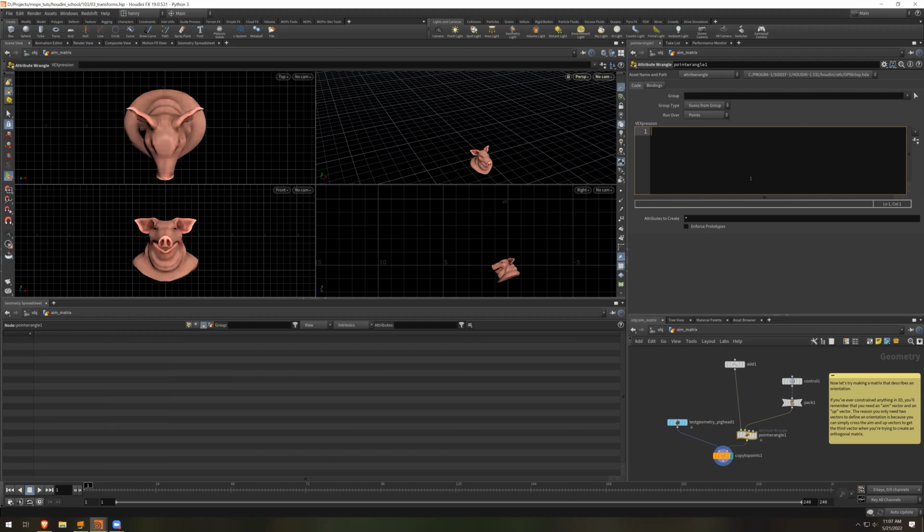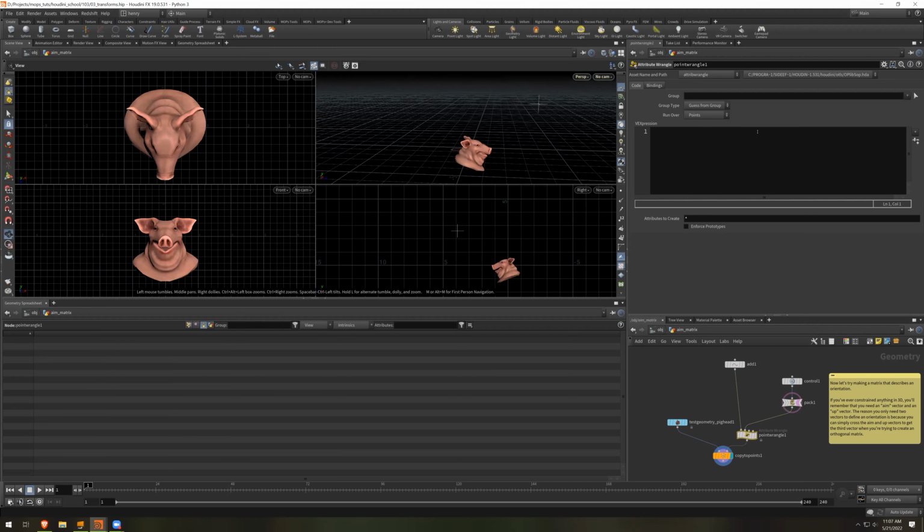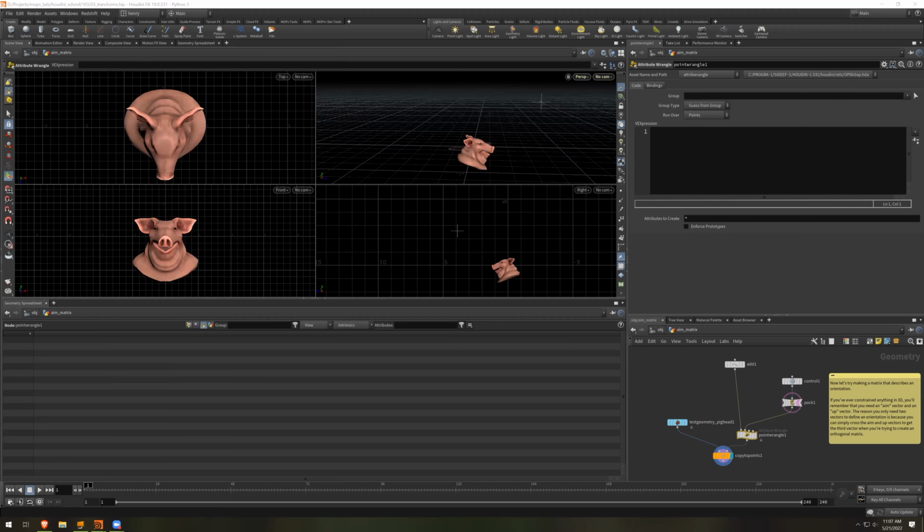But what I want to do is, and let's template this target, I want the vector that, let's do this annotation thing again, I want the vector that points from this pig head's position to this. And if you remember from a few minutes ago when we were talking about vectors, the way that you can figure out the direction of something, like how to point something at something else, is through subtraction. Get that target position as a vector.